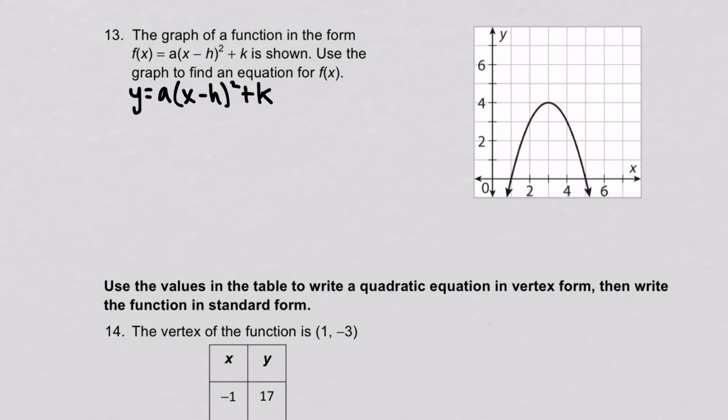I can see that this point right here is 3, 4. What you need to do is find another point that this graph passes through. There might be many of them, but all you care about is just one more point.